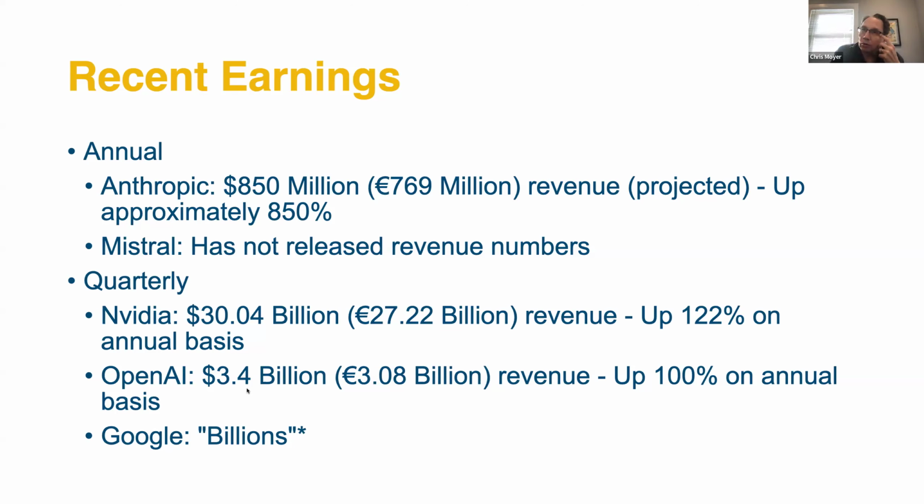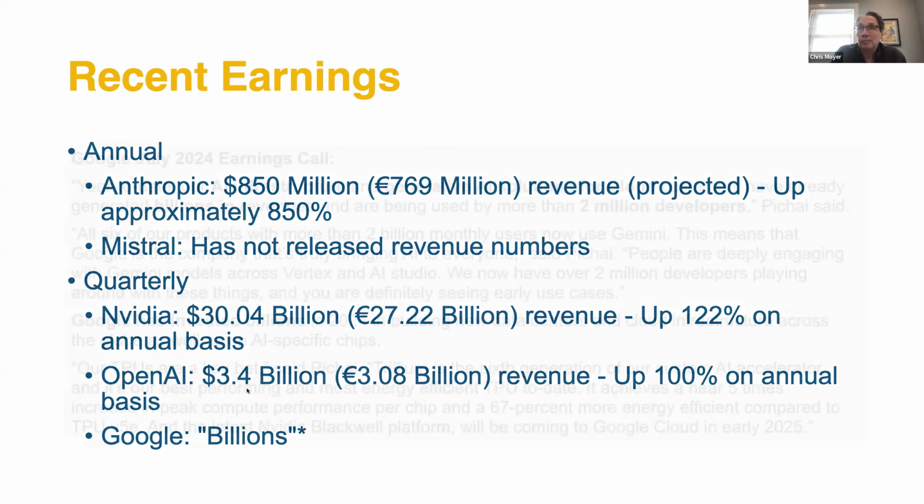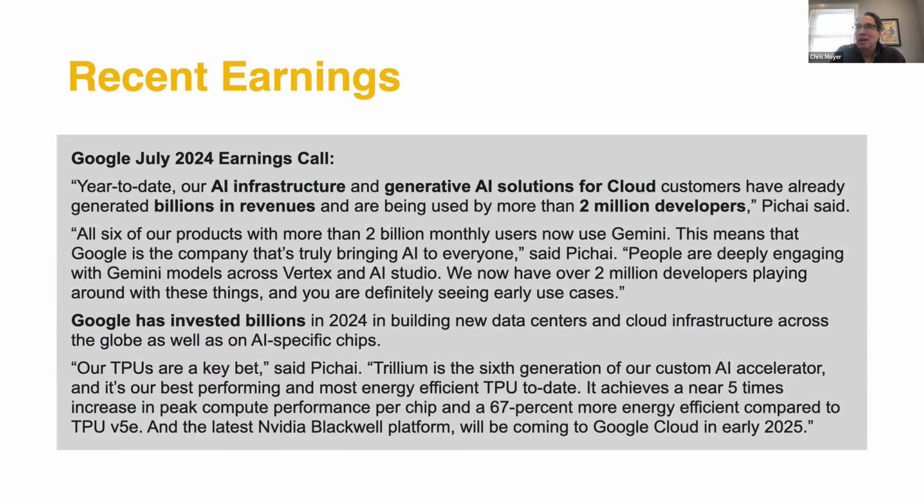And then you have Google, who can't really break out the earnings from AI because they have all this stuff going on. So they have AI infrastructure, they have a ton of cloud applications, they have cloud data centers, they have Gemini, which is their flagship frontier model. So they have 6 different products.